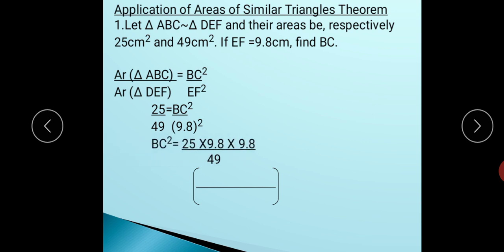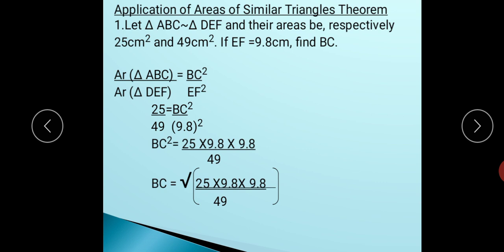It will be 25 into 9.8 into 9.8 upon 49. So we have to find BC, so it will be the square root. This square root is for the entire bracket. That is 25 into 9.8 into 9.8 upon 49.